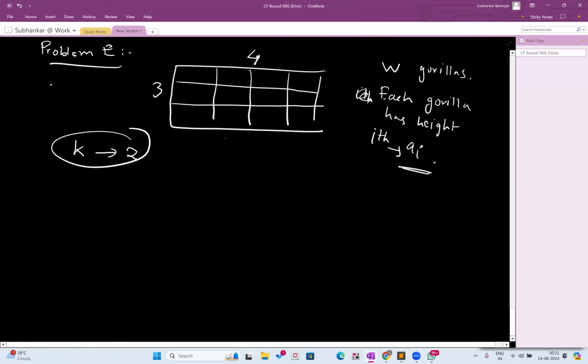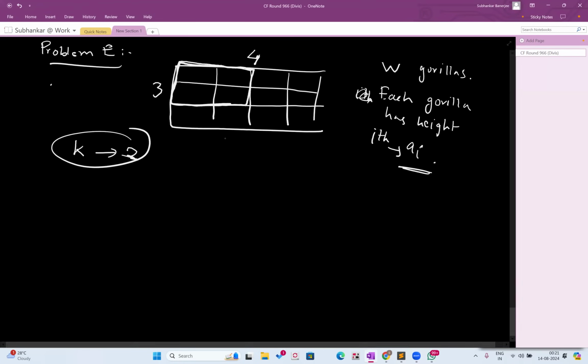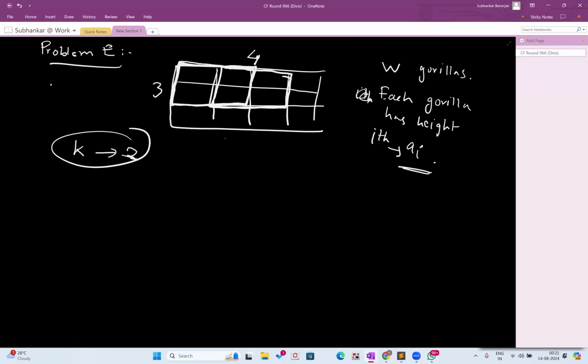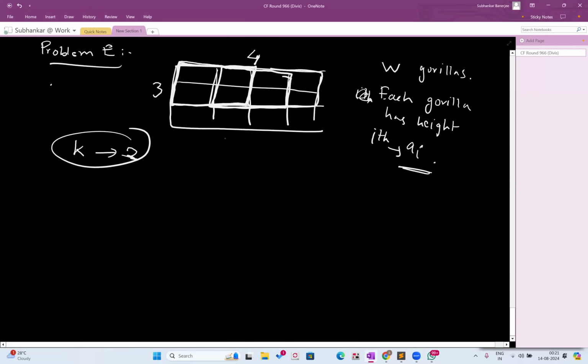So basically, we have to form subsquares in this matrix. We have to form subsquares of length k. This is a subsquare of length 2. This is another subsquare. This is another subsquare, and another, and another.